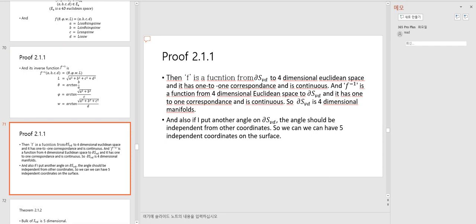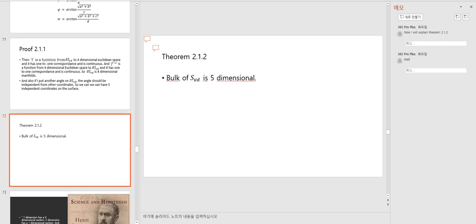And the inverse function is a function from four-dimensional Euclidean space to dS3D, and it is a one-to-one correspondence and is continuous. So dS3D is a four-dimensional manifold. And also, if I put another angle on dS3D, the angle should be independent from the other coordinates. So we have four independent coordinates on the surface. The bulk of S3D is four-dimensional.